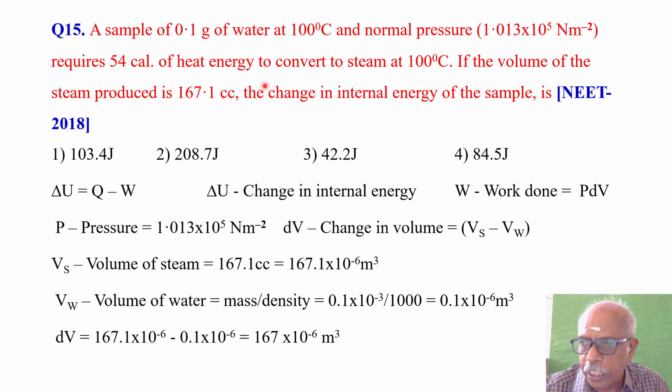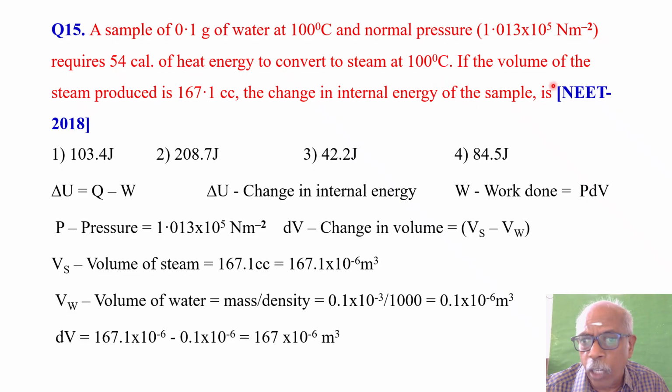The heat energy is used to convert the sample into steam at 100 degrees C. The sample is in the state of water at 100 degrees C and it is converted into steam at 100 degrees C, of course, by taking 54 calories of heat energy.